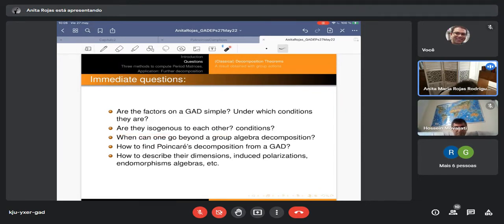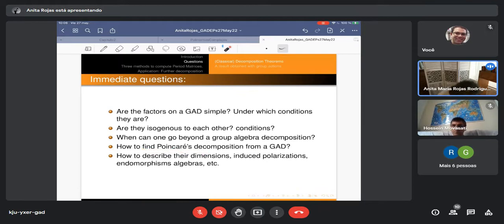Under which conditions are they isogenous to each other? Because those questions would allow you to find the Poincaré decomposition of the variety. How can we go beyond the group algebra decomposition, since, as I said, those factors are not necessarily simple? How can I decompose them further?